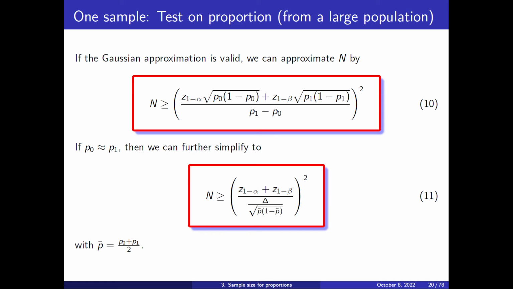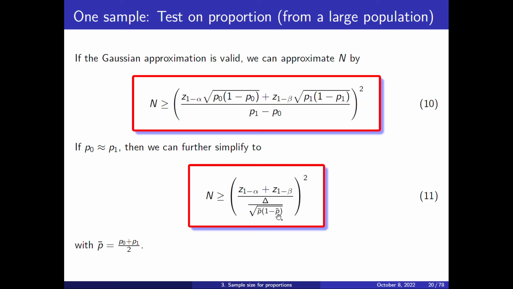And again, there are Gaussian approximations, and we see the same kind of formulas that we had before. We have a term of the confidence level and the statistical power, the effect size, and it is normalized, and the normalization goes up into the numerator. And if P0 and P1 are more or less in the same range, then you can compute the average between the two, and this is the way to normalize.